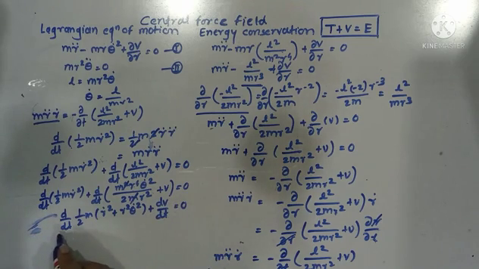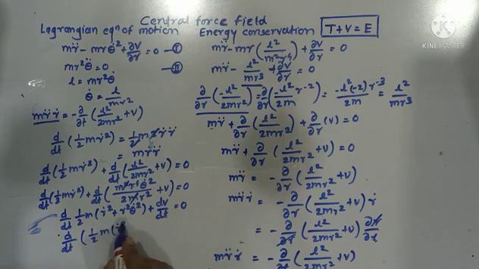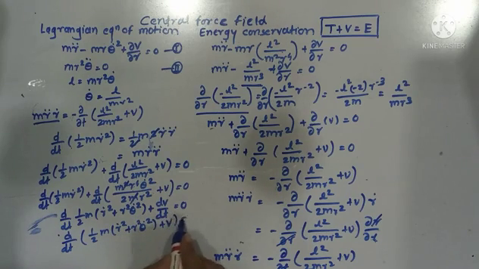Now I will write this as d by dt of 1 half m into r dot square plus r square theta dot square, plus V is equal to 0. Now if the derivative of something is 0, then that term must be constant.